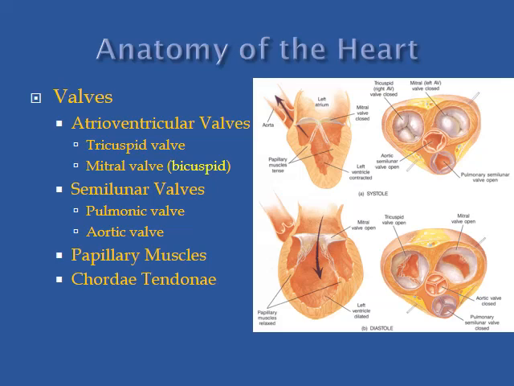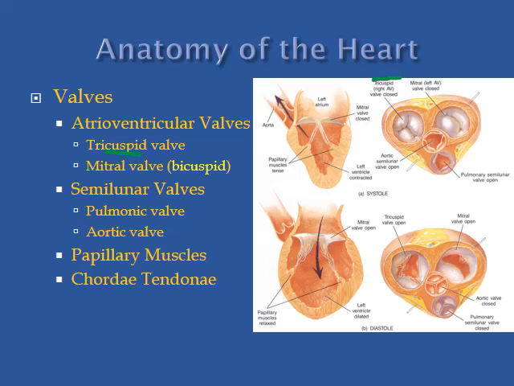All right, now we're going to talk about the valves. And these are some interesting pictures here, so try to visualize. The atrioventricular valves go between the right and left atriums into the right and left ventricles. The tricuspid valve is on the right side, tricuspid, right side. There are three leaves of the tricuspid valve.